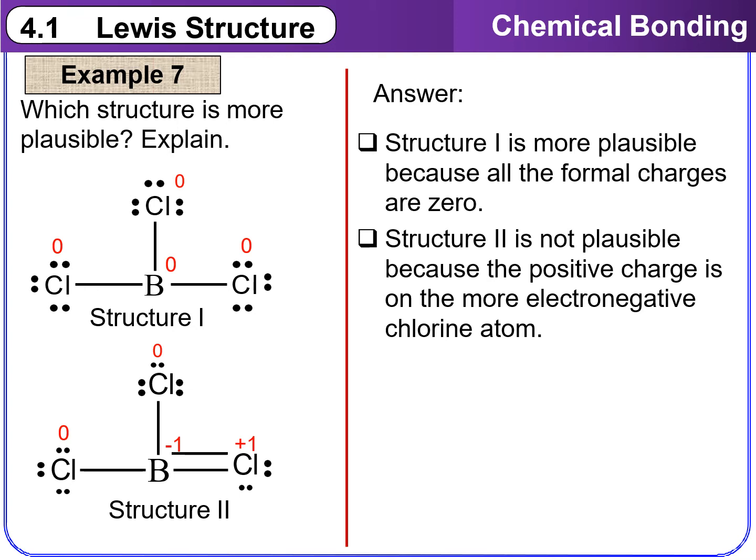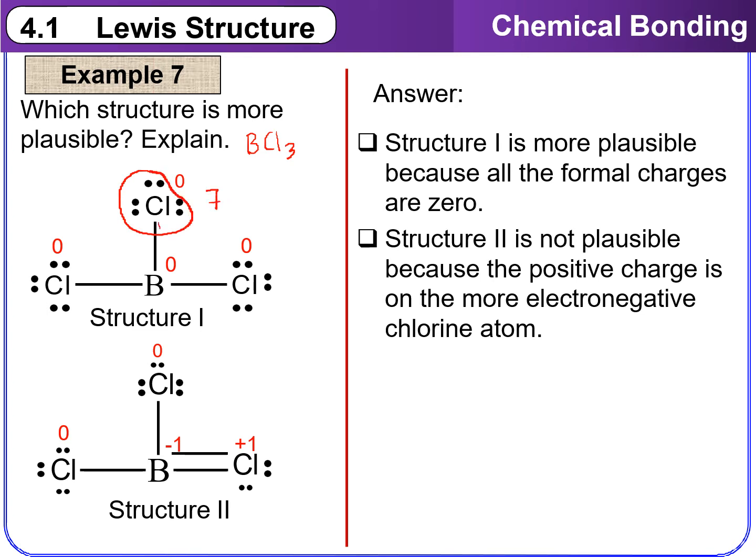Okay, so when we look at here, this is BCl₃. As we look at here, BCl₃ has no charge. So if there is no charge for this compound, most probably we want all the atoms to have a formal charge equal to 0. Let's check the formal charge here. Chlorine has 7 valence electrons.